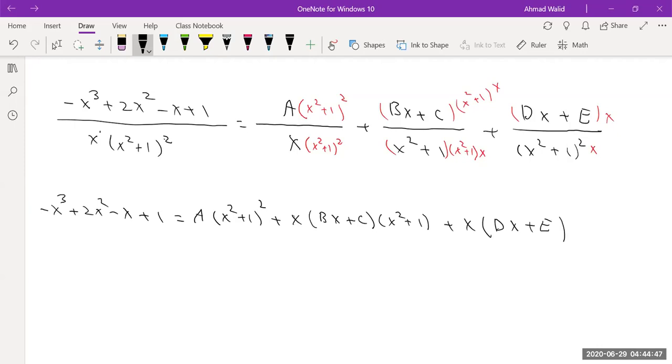In the first part, you cannot distribute a because you have a power of 2. First, you have to FOIL this.